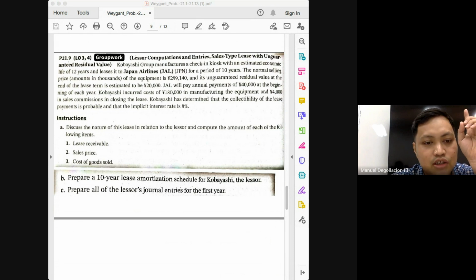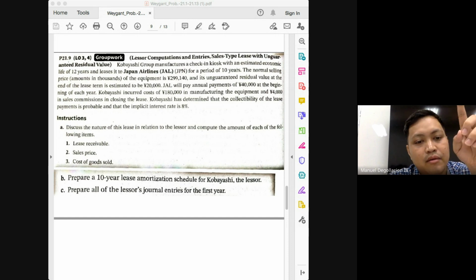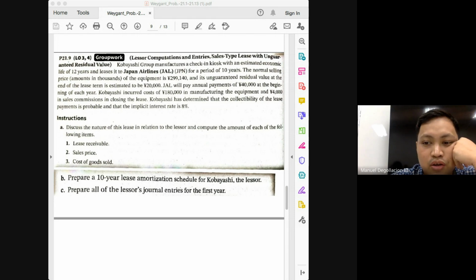But January 1, year 2, what would be the balance of the lease receivable on January 1, year 2? You deduct that entire payment. How much is 279,871 minus 40,000, class? 239,871. Why are we not splitting the payment between the interest and the principal? Because we have already incorporated the interest component to the lease receivable. So the balance on January 1, year 2 would be 239,871.